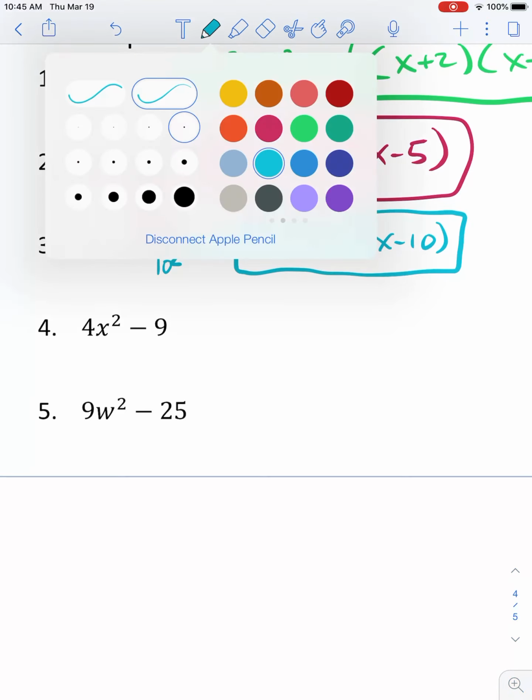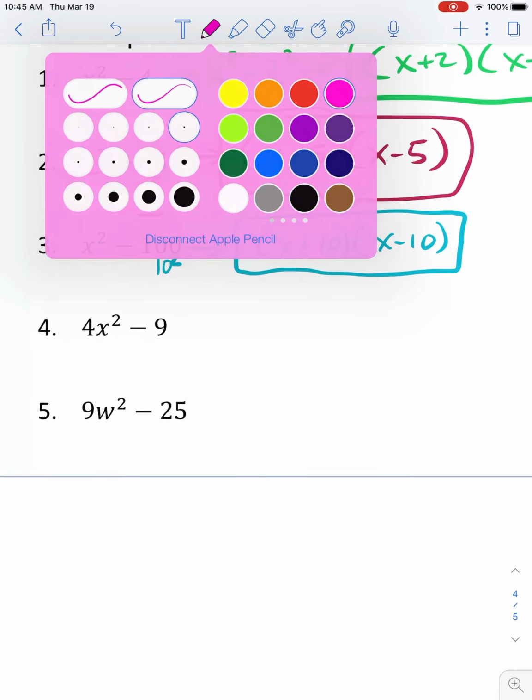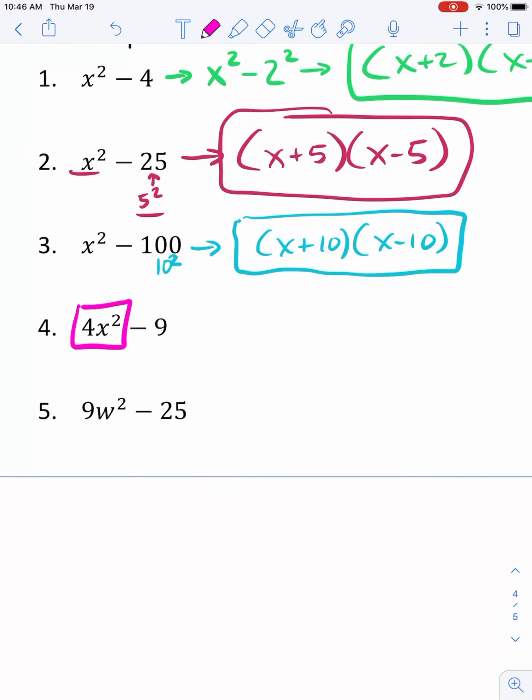Now, these last couple of examples are a little bit different, but not too hard. Okay? For this whole 4x squared to be a perfect square, both the number 4 and the variable aspect, x squared, both have to be perfect squares. Well, obviously x squared we've been saying is a perfect square, and 4 is a perfect square too. It's really 2 squared.